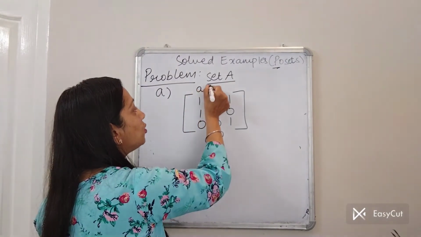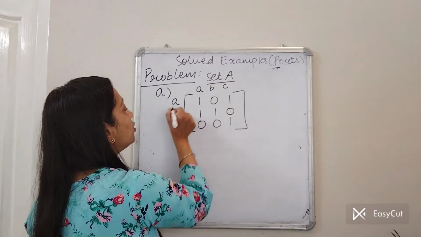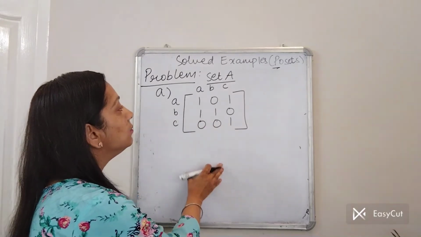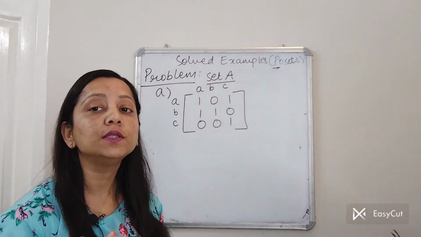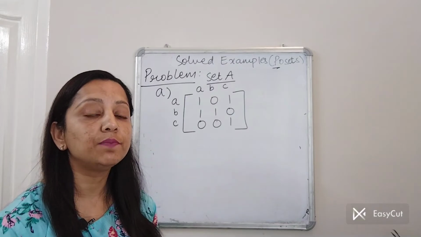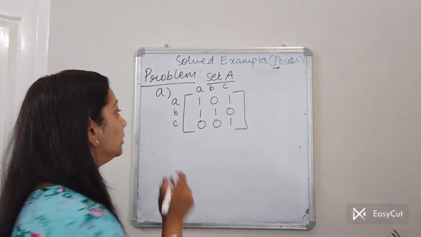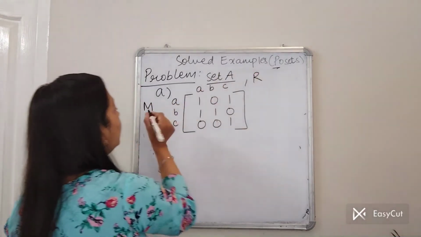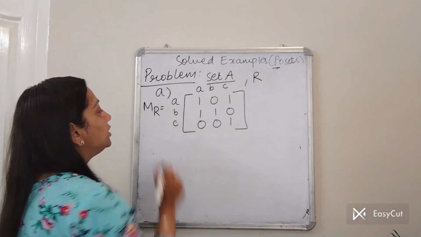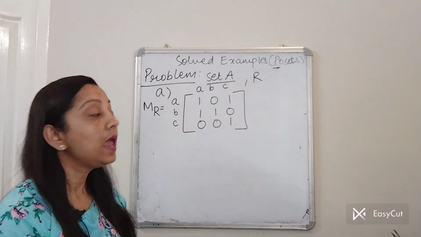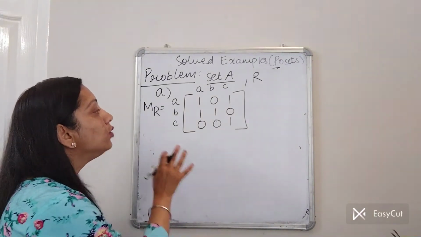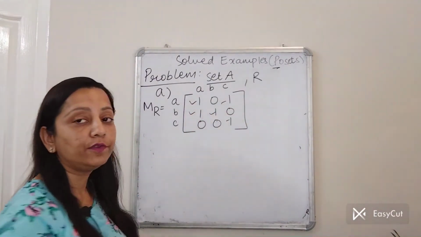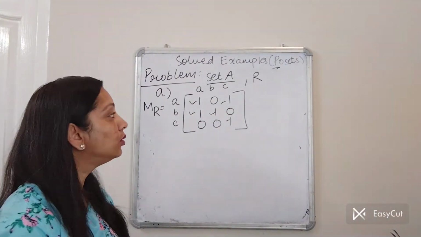So the rows I name A, B, C and columns also I name as A, B, C. Now if I look at this matrix, I know that the non-zero entries of the matrix represent the relation. If I give the relation name R, then obviously the matrix for this relation will be represented as MR, and I clearly know that all the non-zero entries represent the relation on this particular set.